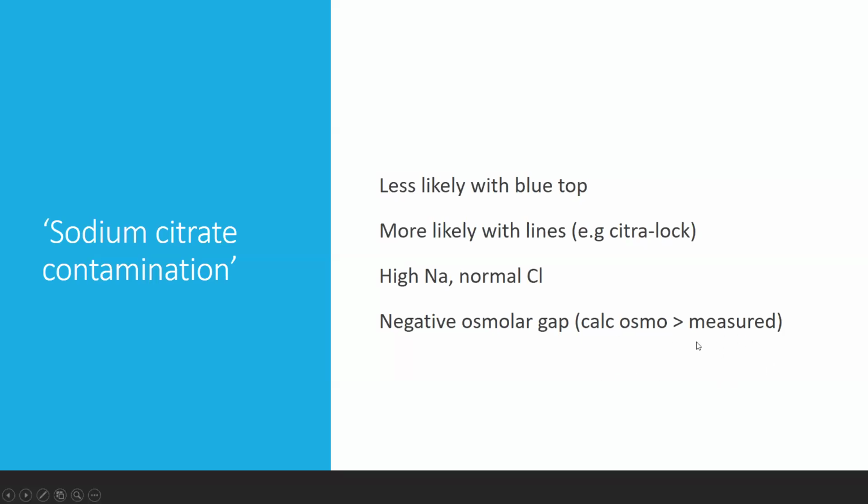Therefore, your calculated osmolality being greater than your measured. And this isn't seen in any other clinical situations. And the reason for it is that there are 3 sodium ions for each citrate ion. And that's why your calculated osmolality, which is 2 lots of sodium plus urea plus glucose, is falsely much higher than expected.